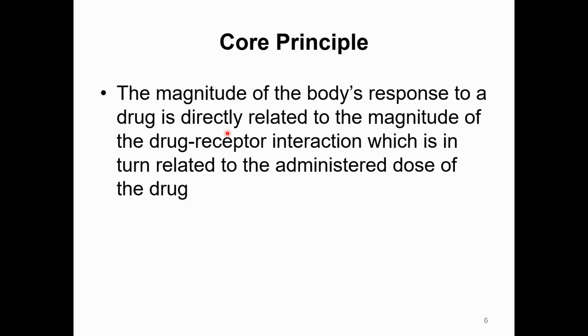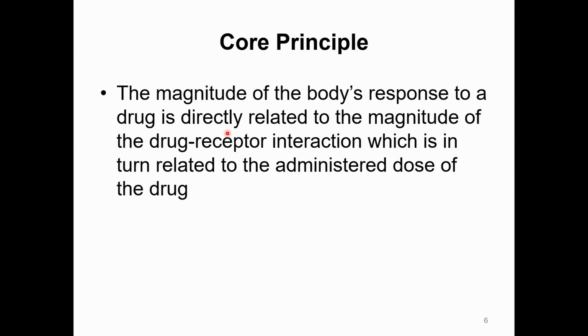So if you think about this, there's kind of a core principle that emerges from this. The idea is that the magnitude, the strength of the body's response to a drug is going to be related to the magnitude of the drug receptor interaction. And how vast or expansive is that interaction?